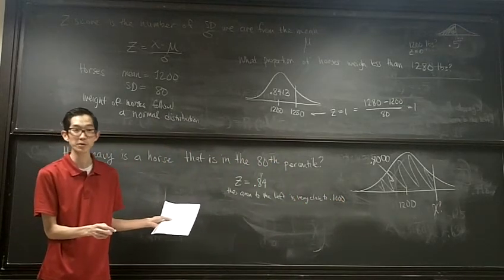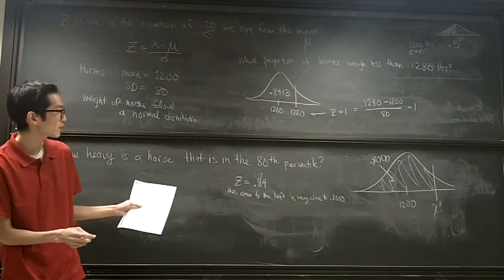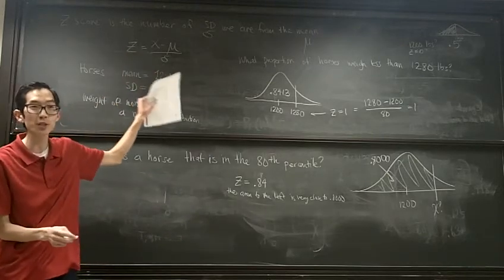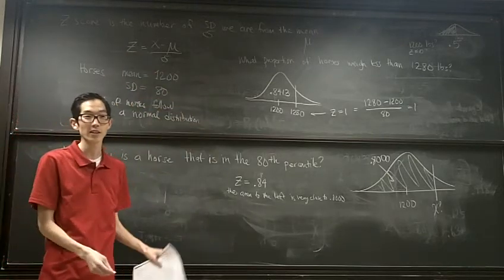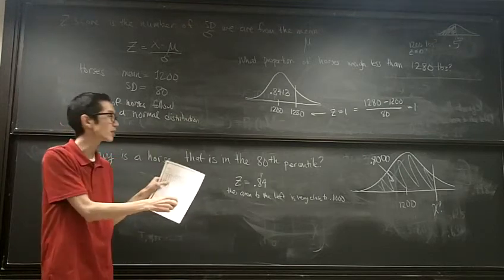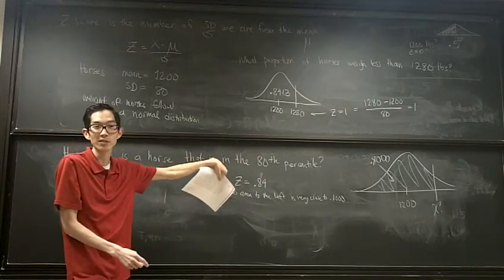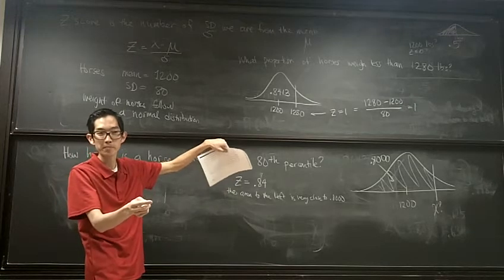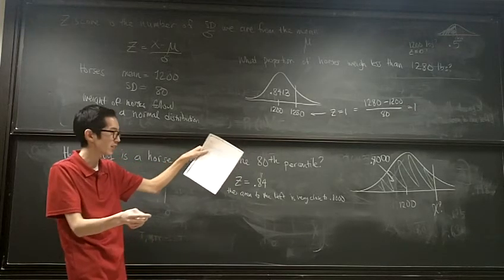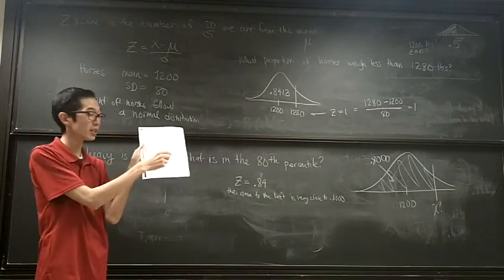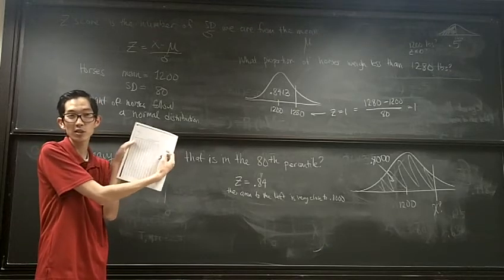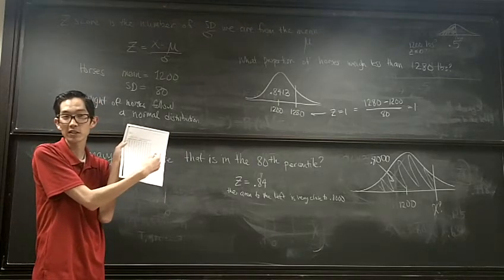You're confused? Remember, just a few minutes ago we did these exercises. I said, tell me the x or whatever that's going to give me 80% to the left. Do you remember that? That's all we're doing here. I'm saying, tell me what is the z or the x that gives me 80% to the left.